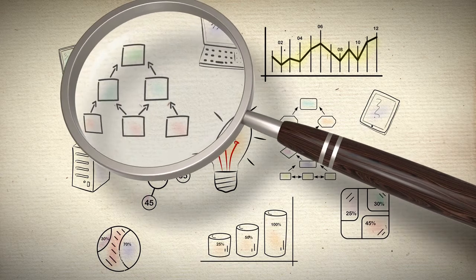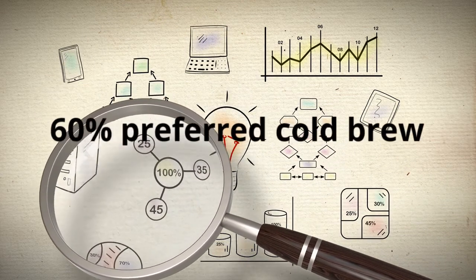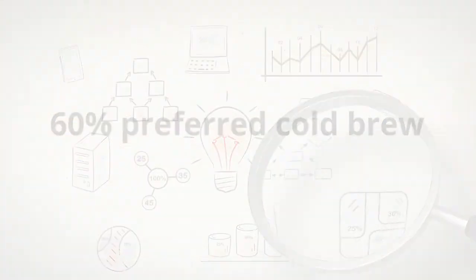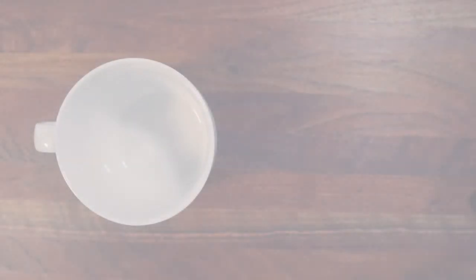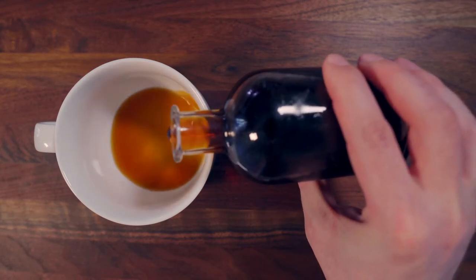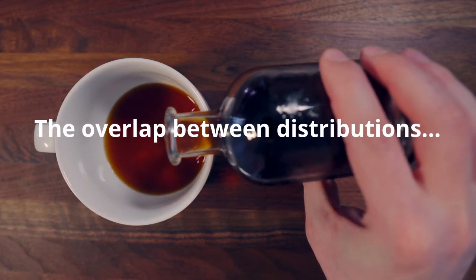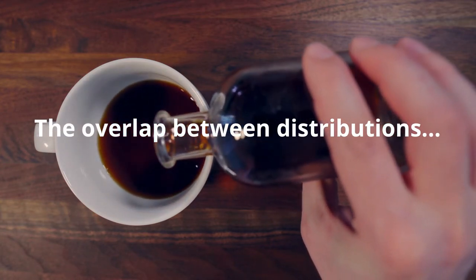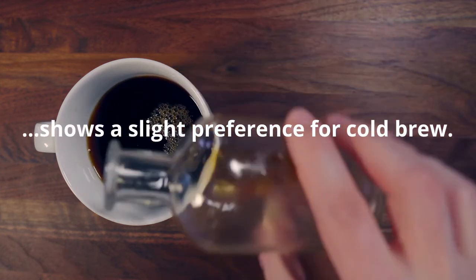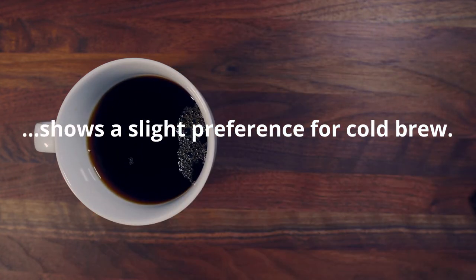Recall that the first survey showed that 60% of people drank cold brew and 40% of people drank iced coffee. The second survey that Charlie conducted showed that most people still like both types of coffee, with only slight differences between the two. He can decide to only sell cold brew without worrying about a huge chunk of people stopping coming to his store if he doesn't have iced coffee.